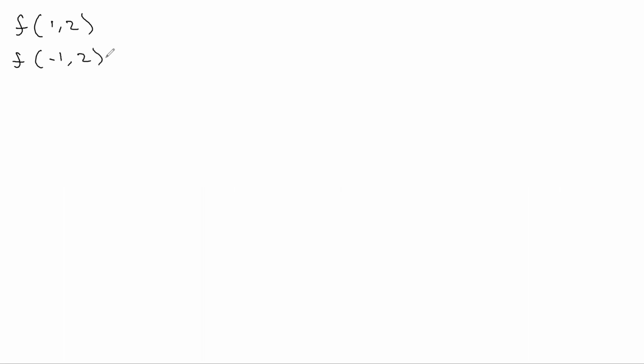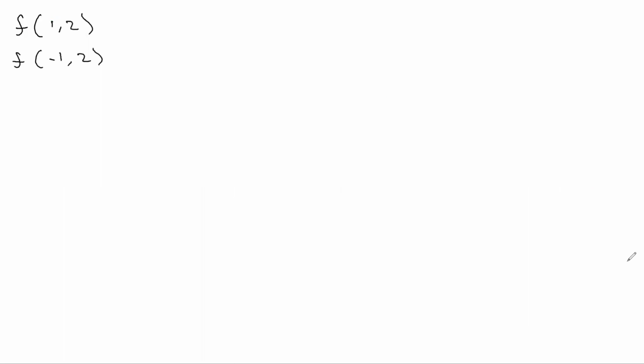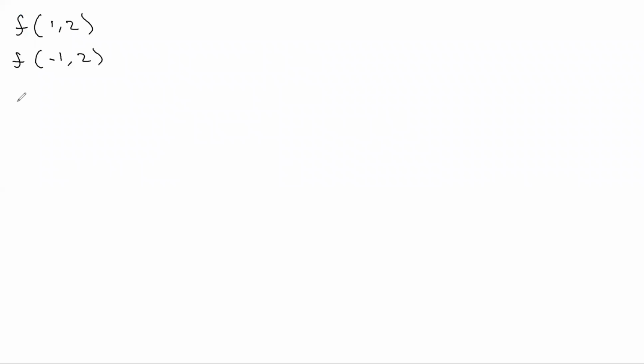Now for line 1, we have a max value of 14 and a minimum value of -18. Okay. So for line 1, we have a max value of 14 and a minimum value of -18.